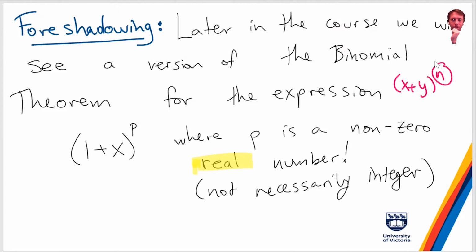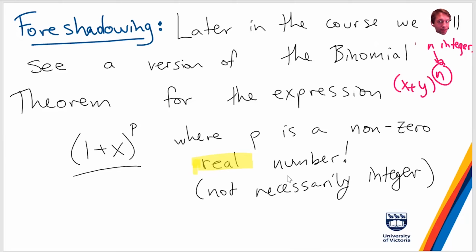A little bit of foreshadowing. So here we've been looking at things like (x plus y) to the n, where n is an integer, which is a totally reasonable thing to do. Because why would I really care about (x plus y) to the 3/2 or something? But that is also interesting, right?